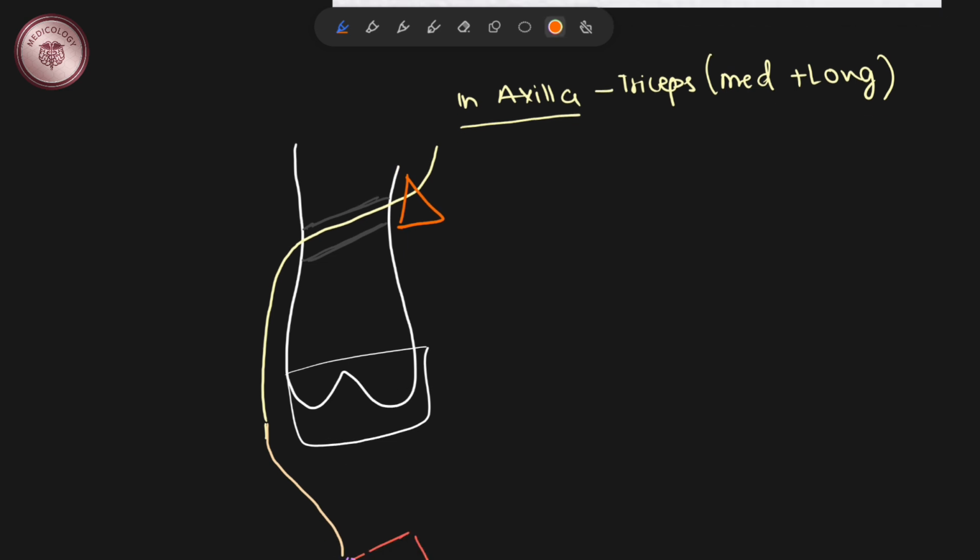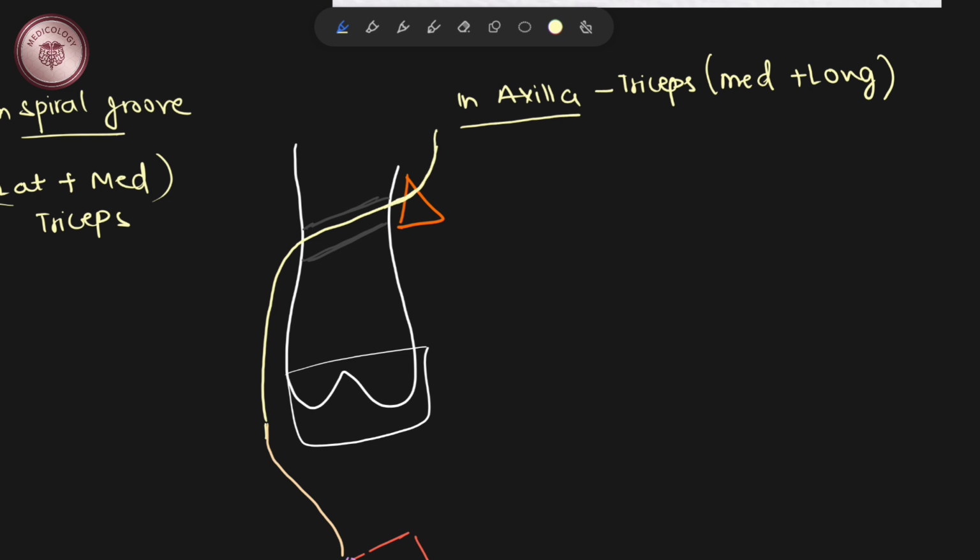In the spiral groove there are the lateral head and the medial head of the triceps, so it will supply those, and comes to the lateral part of our arm.